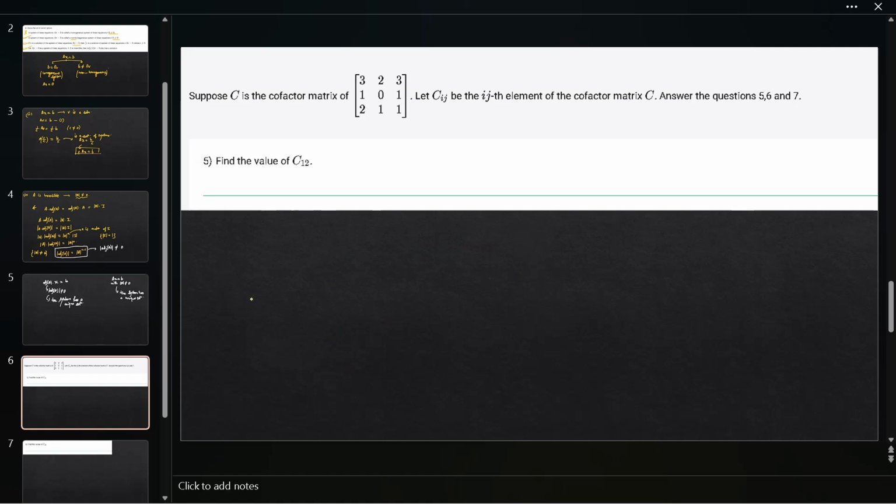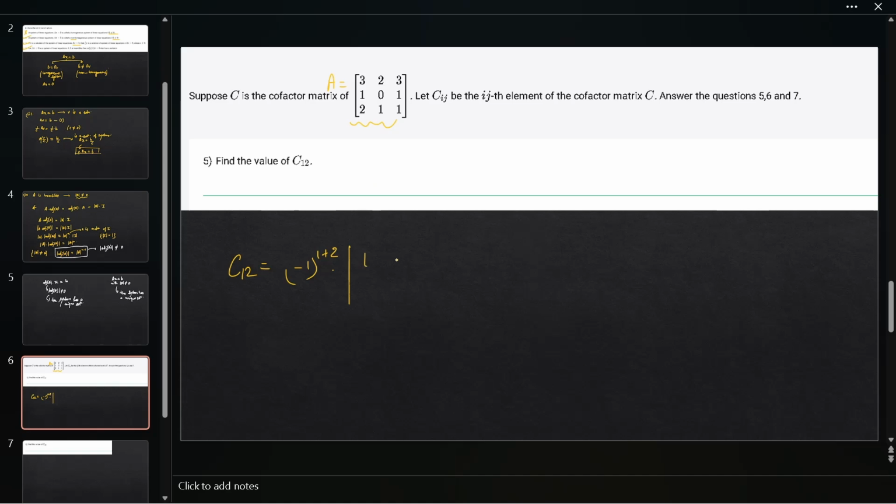So here questions 5, 6 and 7 are based on this data, where C is the cofactor matrix of this given matrix. So if I call it A, C is the cofactor matrix of this given matrix A. Now it is asking me to find the value of C12. So I know that C12 is basically minus 1 to the power 1 plus 2 times this determinant, where I will eliminate the first row and the second column.